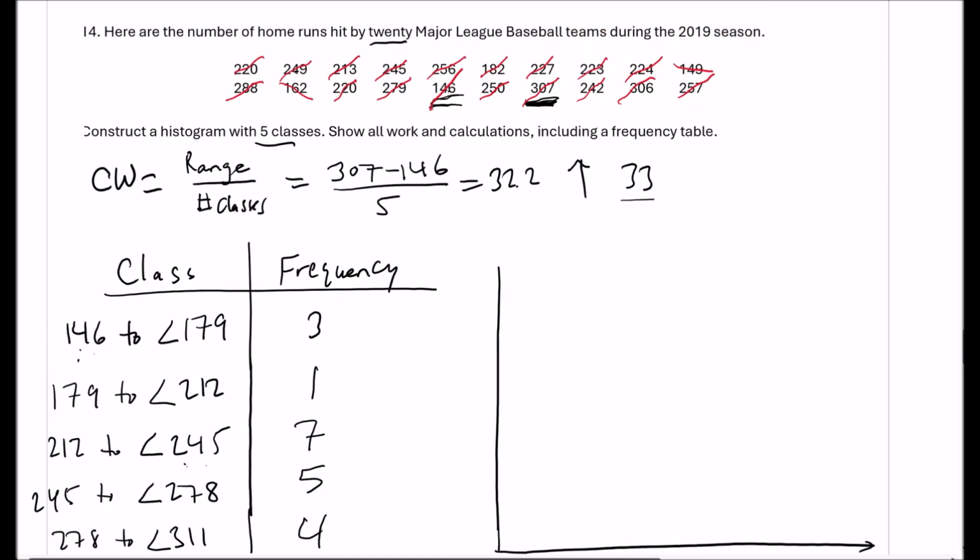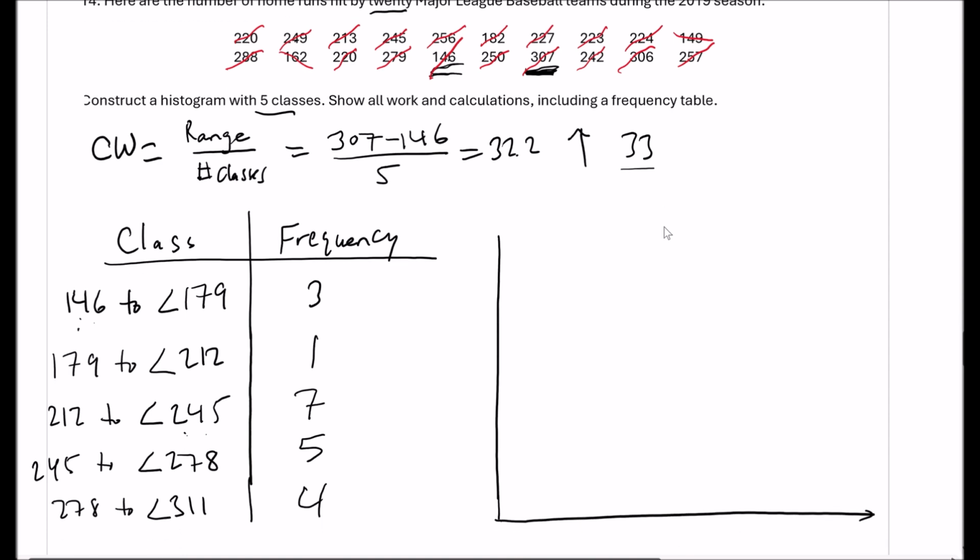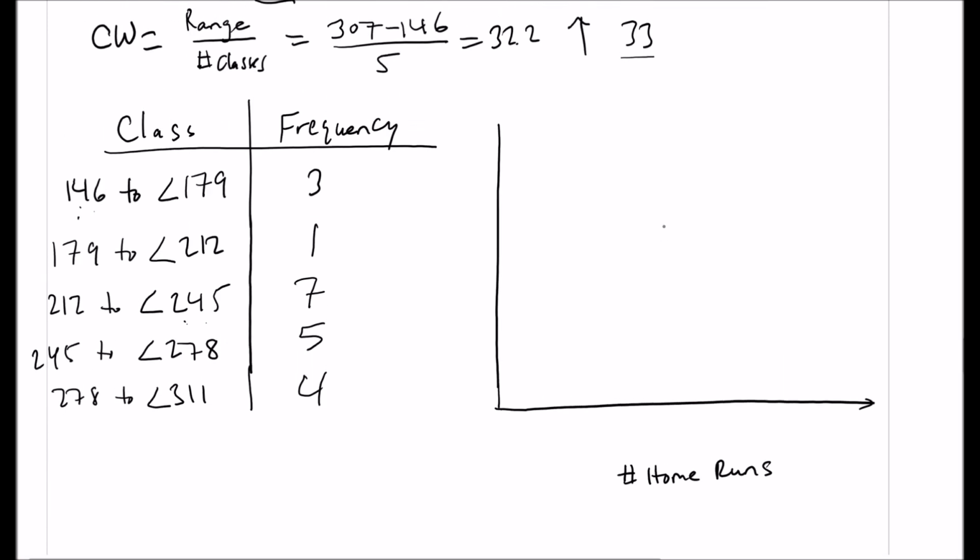You can put frequency for the y-axis, but you can also say the number of teams, the number of teams that had those numbers of home runs. The largest number of teams is 7, the smallest is 1, so we'll go by ones: 1, 2, 3, 4, 5, 6, 7.